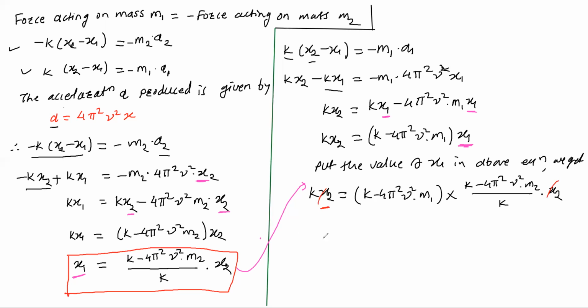So the remaining equation will be, that means k is equal to, actually again it is k times k, so it is k square. If you shift this k to the left hand side of the equation, the k into k is k square.